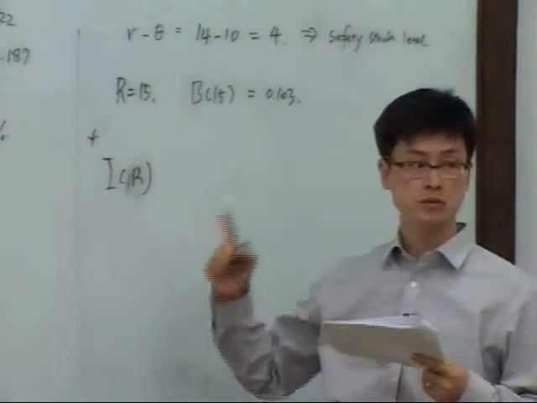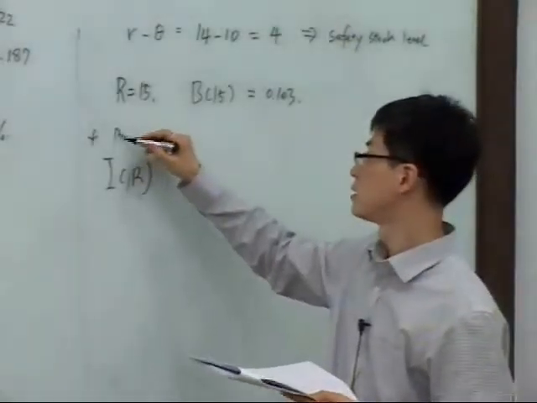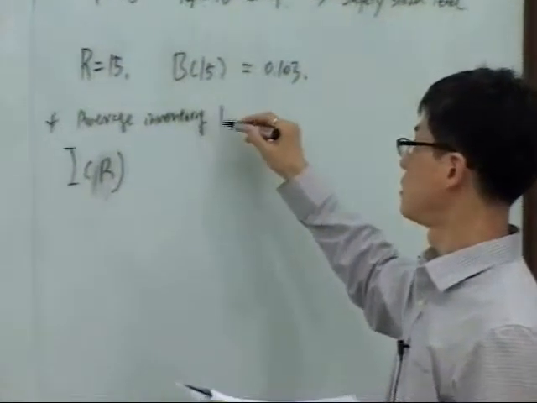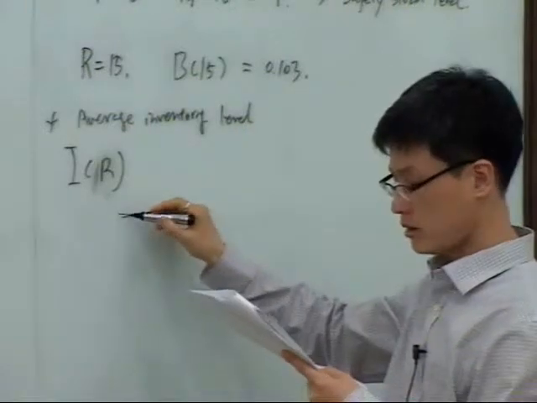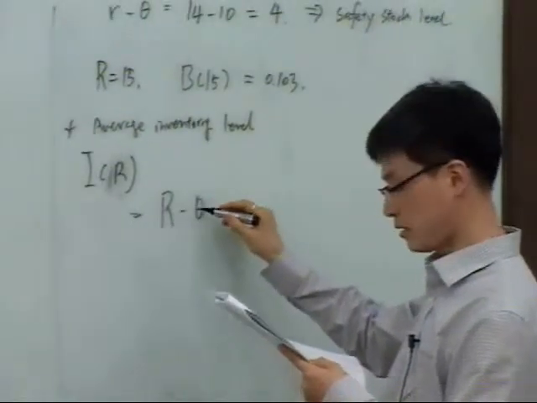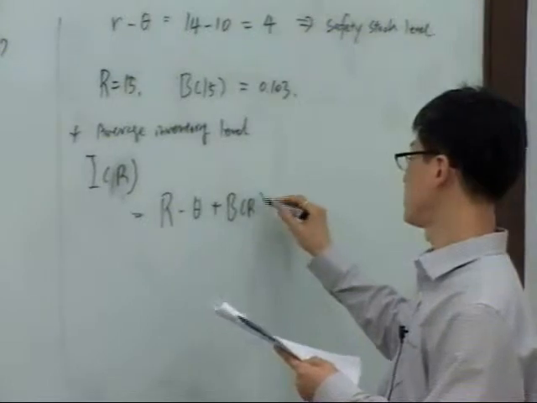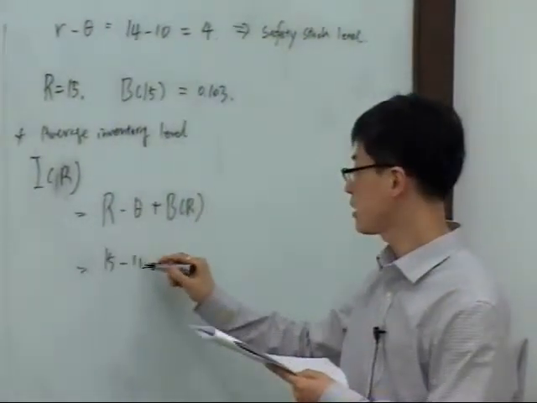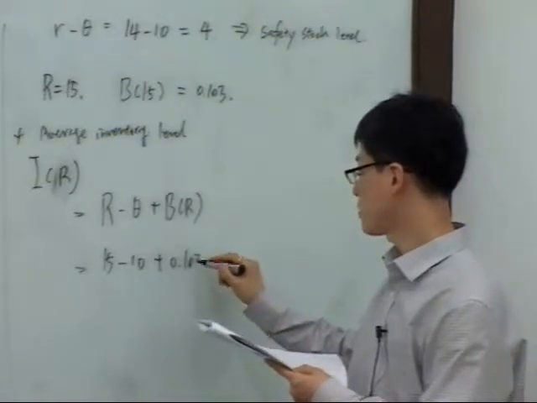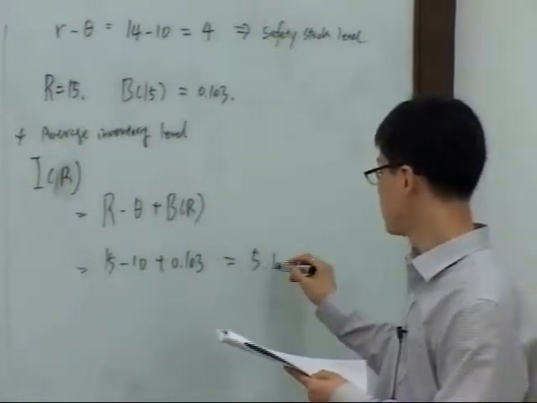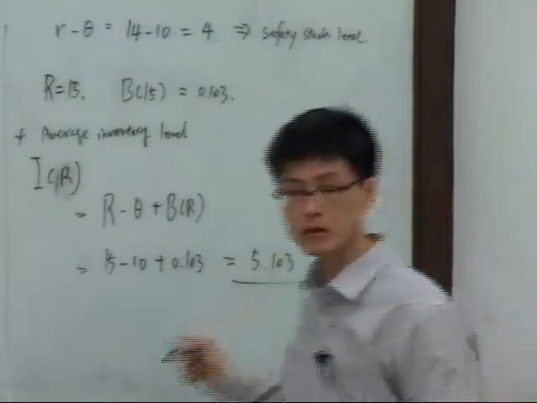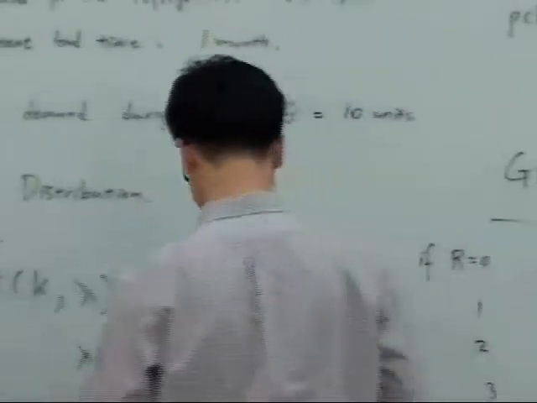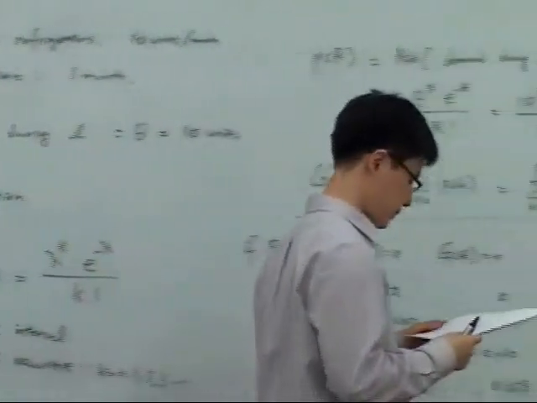It's an average inventory level. IR is given as large R minus theta plus PR, and we know everything, so it's 15 minus 10 plus 0.103, so it's 5.103. That's our average inventory level.